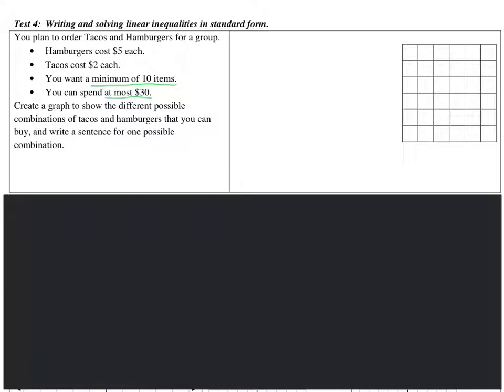So what I'm going to do is create 2 inequalities. I'm going to use the letter T for taco, and the letter H for, what do you think? Hamburgers. When I say tacos, I'm saying the number of tacos and the number of hamburgers.